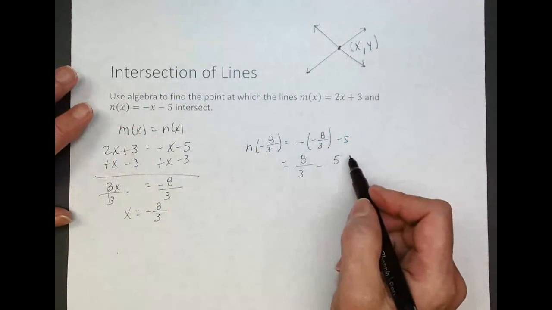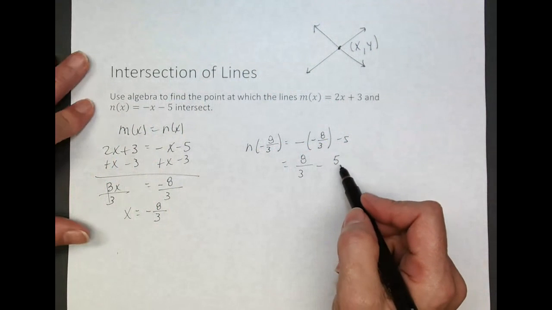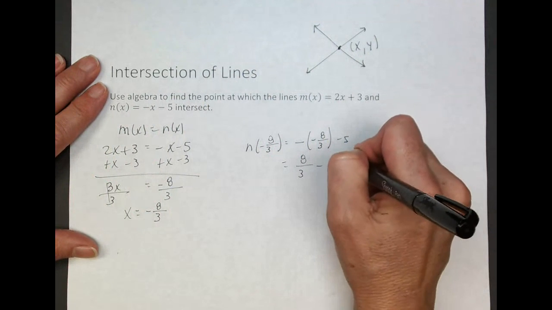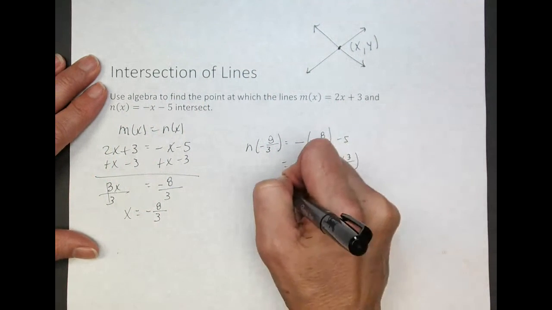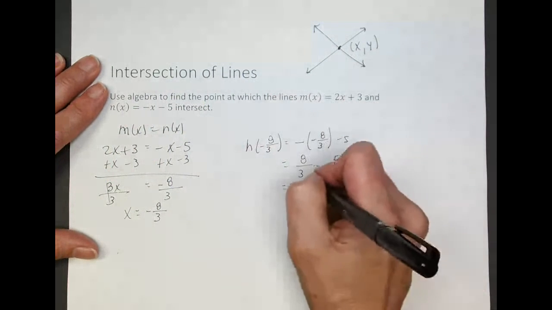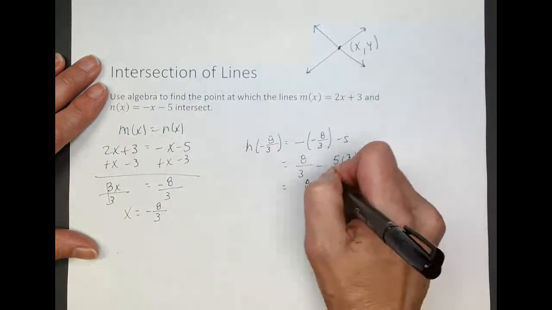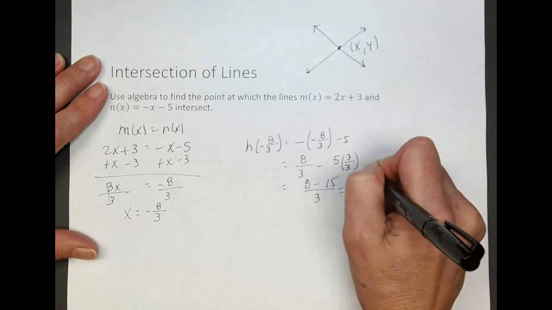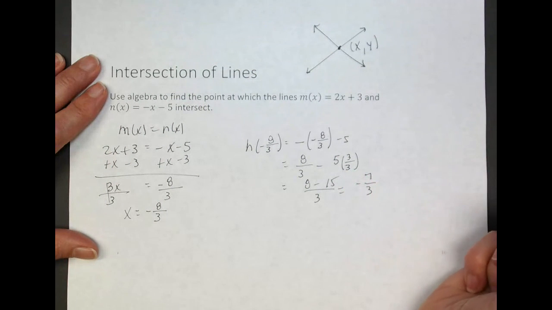To do that subtraction, I should rewrite 5 in thirds. So we'll multiply that 5 by 3 over 3. So n of negative 8/3 would be 8 minus 15 over 3, or negative 7/3.